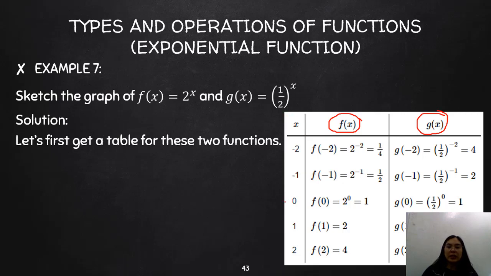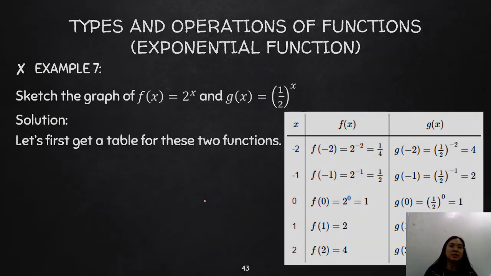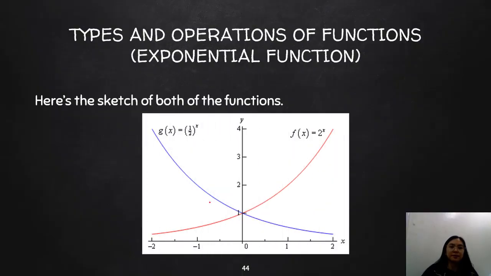So, now that we could get, or nakuha na natin yung values ng inyong f of x and g of x at different values of x's, we could go ahead and sketch the graph of these particular functions.